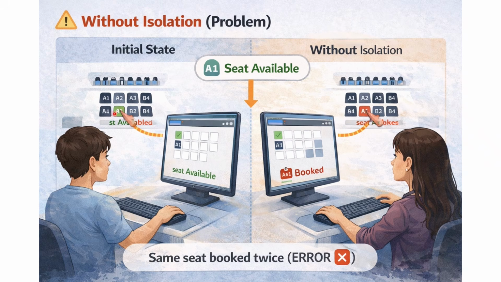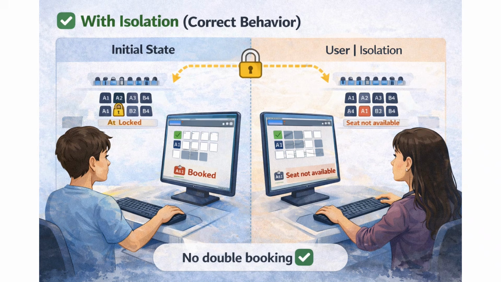So both have selected it at the same time and proceeded. They both are trying to make the payment. If isolation is not there, then it may happen that both will book the same seat, which is not an acceptable situation in a ticket booking system, right? So what we want is behavior like a serial execution, though it is a concurrent environment.